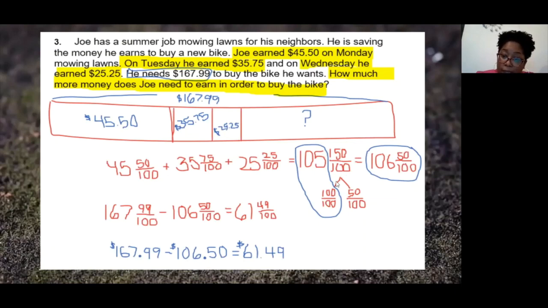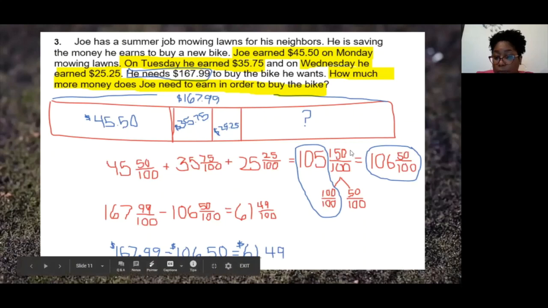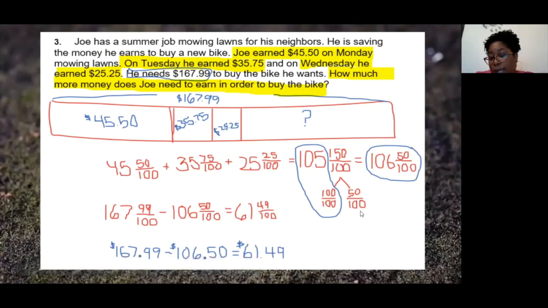Then we can decompose to pull out a whole, and we have 50 hundredths left. So we add this whole to the 105 we already have, and that gave us 106 and 50 hundredths.